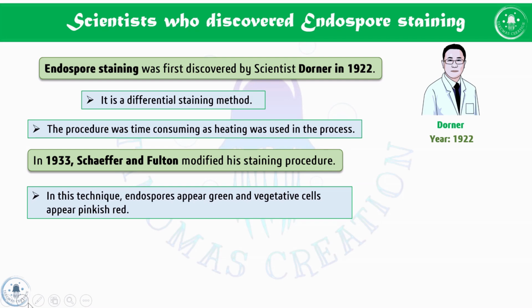The primary stain is malachite green and the secondary stain is safranin. In this technique the endospores appear green and vegetative cells appear pink. So endospore staining is also sometimes referred to as Schaeffer-Fulton staining, and it is now commonly known as Schaeffer-Fulton staining only. They did this modification in 1933.